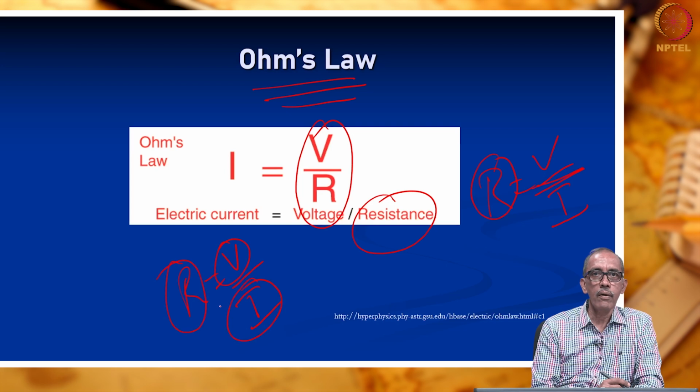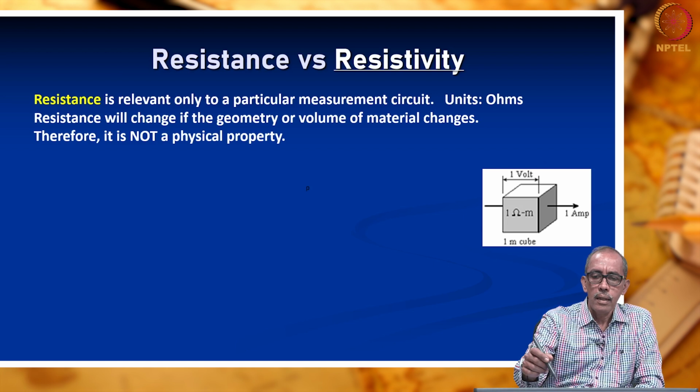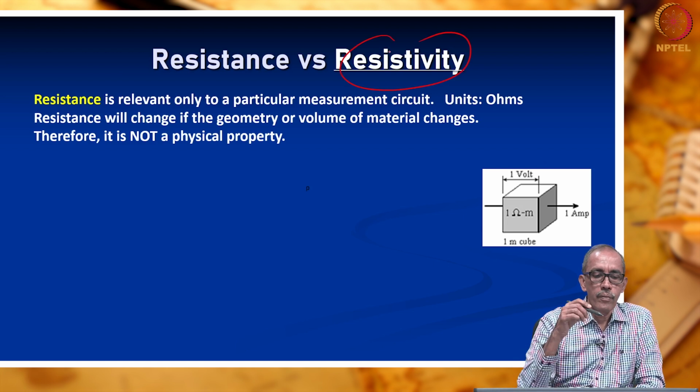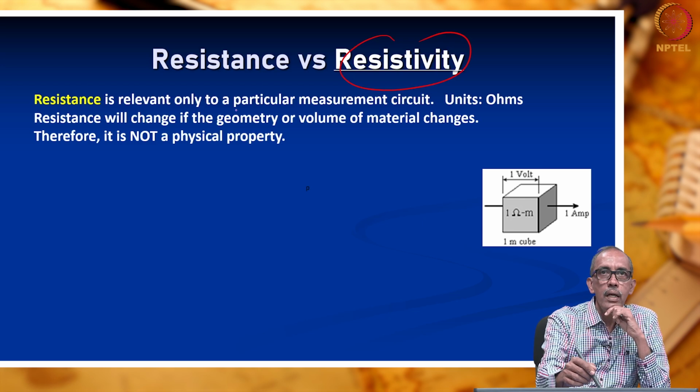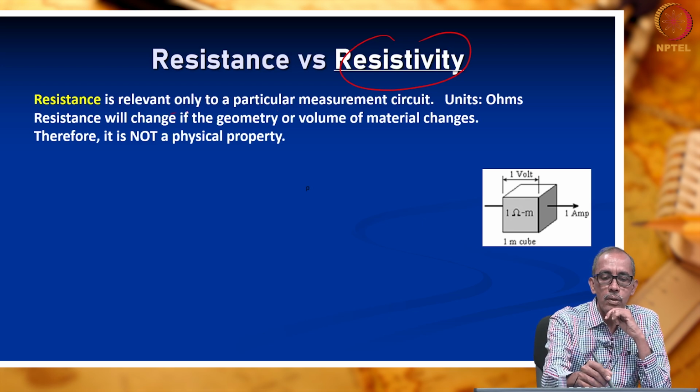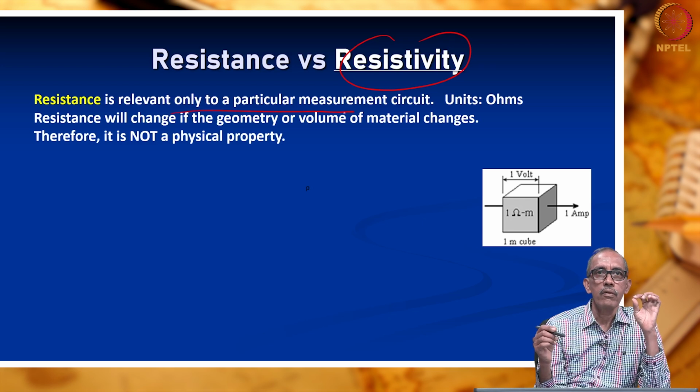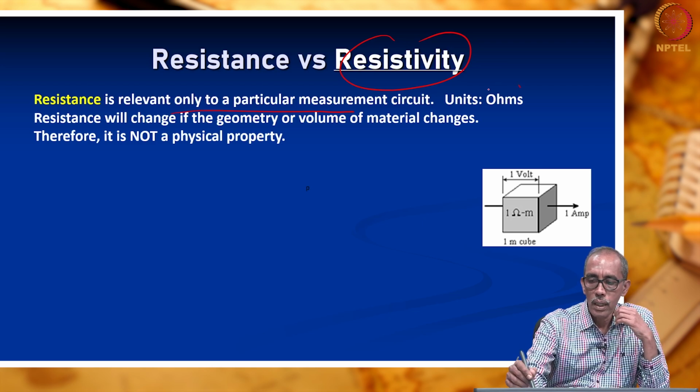So here we have used the letter R, which refers to resistance. Then what is resistivity? Resistance is relevant only to a measured circuit. That means the word resistance refers only to a particular circuit, and the unit is ohms.